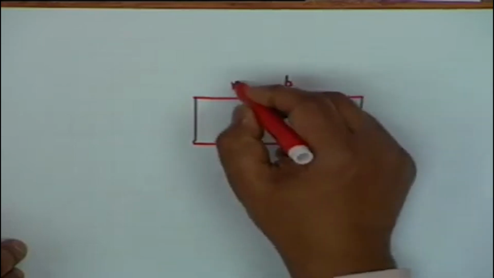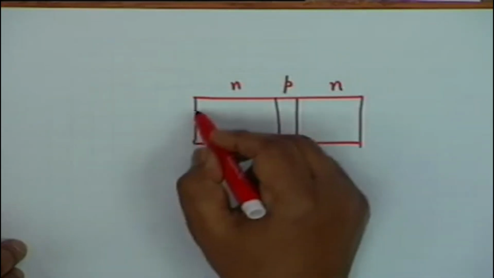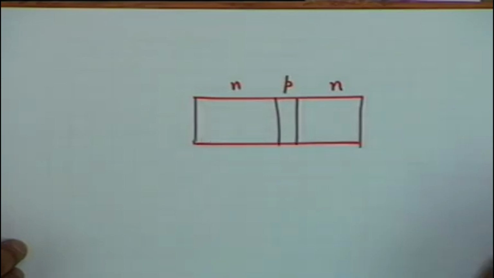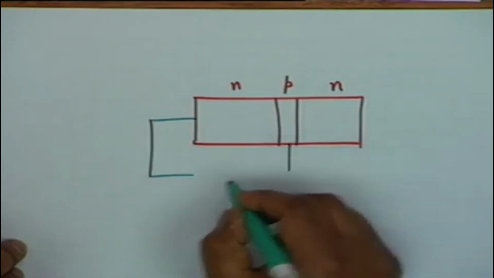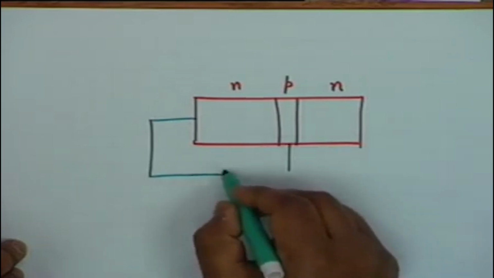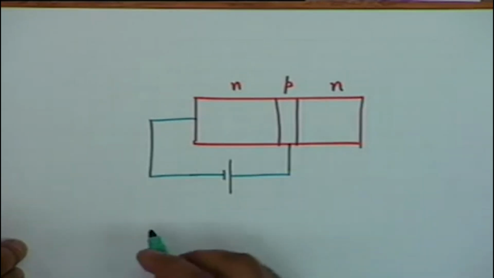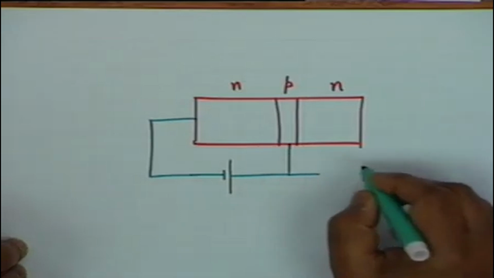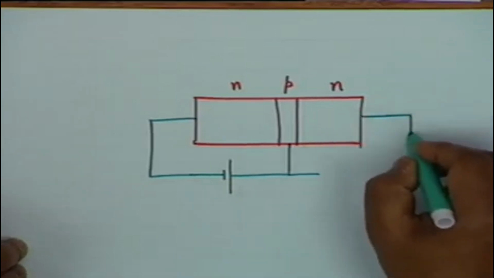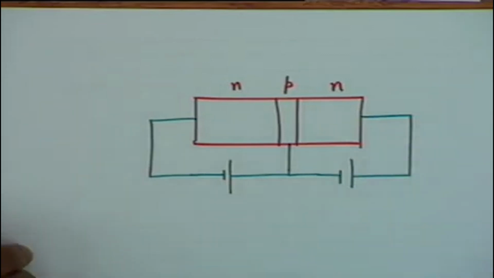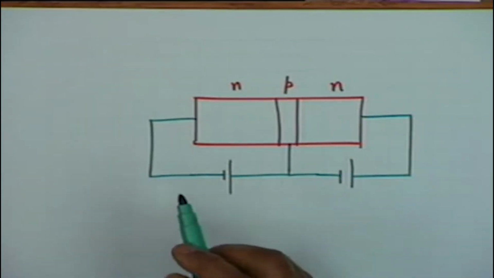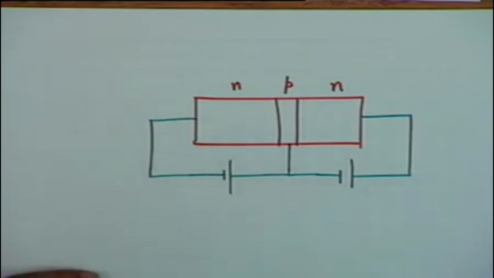This is P, N, N. This is the emitter region. Emitter base is forward biased, and this is reverse biased, which means that you have positive and negative here. All right. Now notice carefully what is happening.